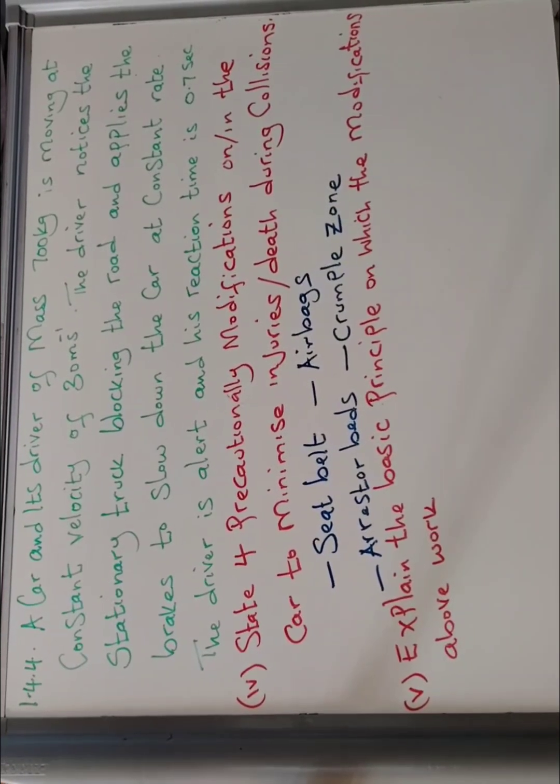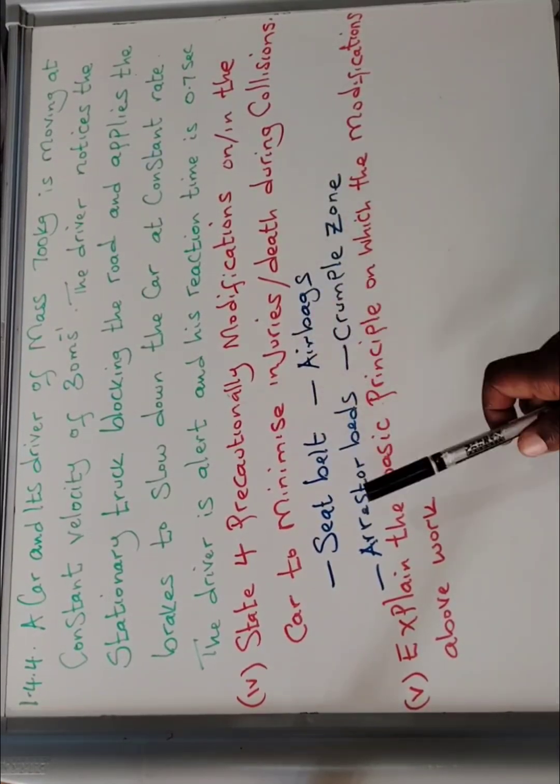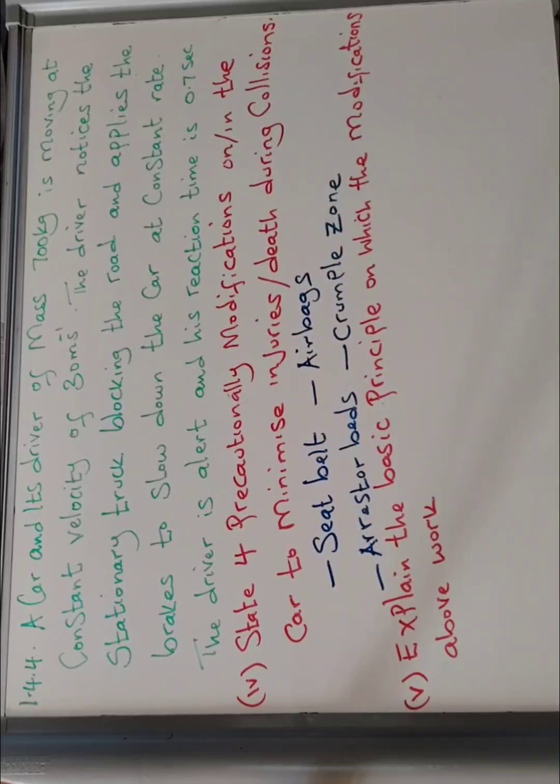Yeah, then comes this last question. It says, explain the basic principle on which the modifications above work. Yes, the seat belt, the airbag, the arrestor bed, the crumple zone, they work basing on what principle?